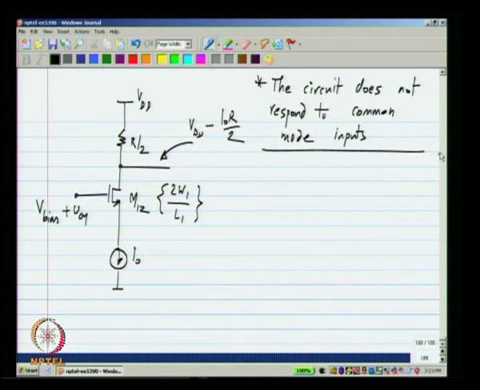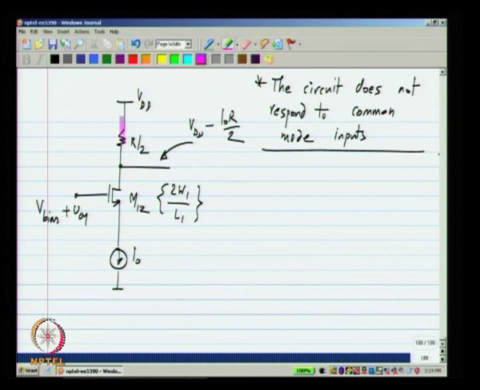That is, the common mode gain of the differential pair is 0. Now, sometime back we discussed the common mode rejection ratio of an op amp. I said that the op amp should respond only to the difference voltage and not to individual voltages, not to the average value of the voltage. And here it looks like we have exactly what we wanted. It responds to the difference voltage, and it does not respond to the common mode voltage at all.